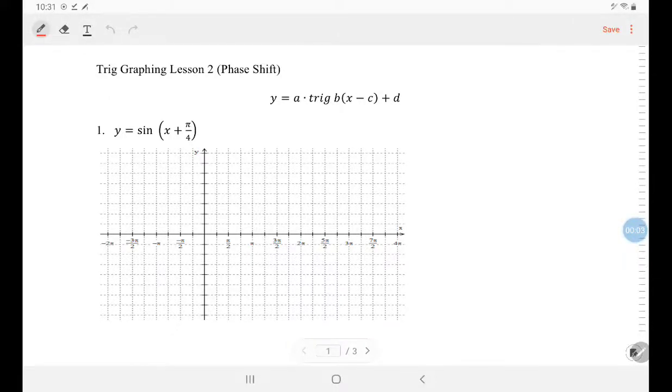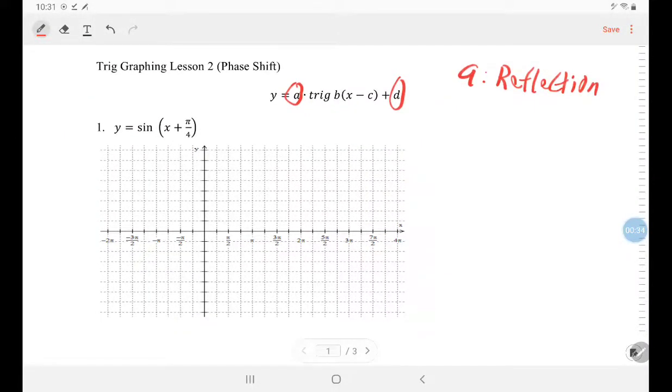Back at you. Last time when we were doing our trig graphings, we had talked about the trig parent functions. We had also talked about the effects of A and D on the graphs, what transformations those were. Again, if you recall, A could be a reflection if the value of A was less than 0.